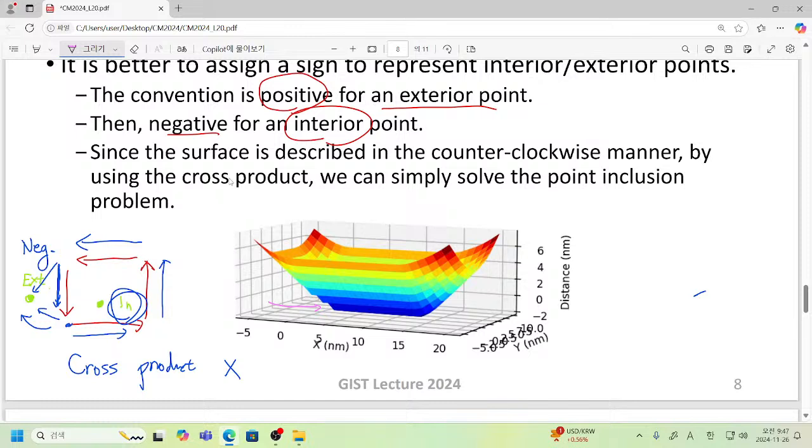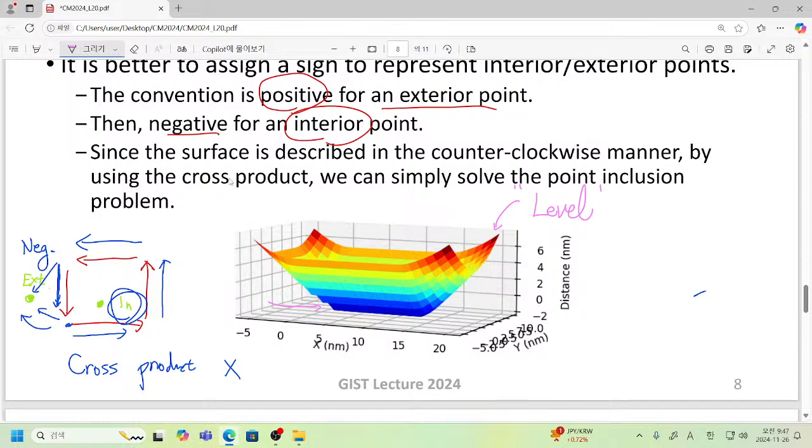So now you have quite a smooth transition between our negative values and the positive values. This signed distance is called the level. Level for what? Level for our boundary surface.